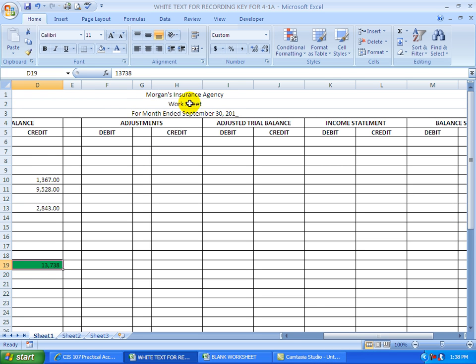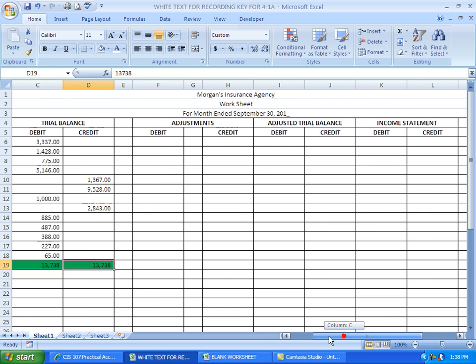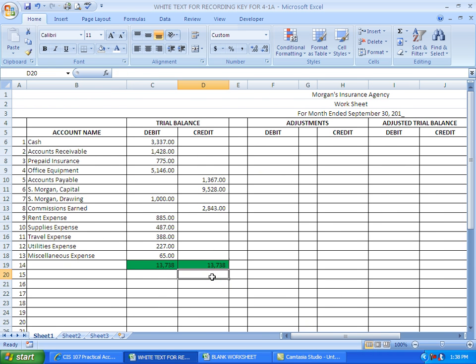And I have the name of the company, Morgan's Insurance Company, worksheet, and it's for the month ended September 30th of this year. Here's the trial balance, similar to what you've been doing at the end of chapter 3. Now we're going to plan what we need to do to certain accounts to bring them up to date. And so to do that, it says in 2A, expired or used up insurance.